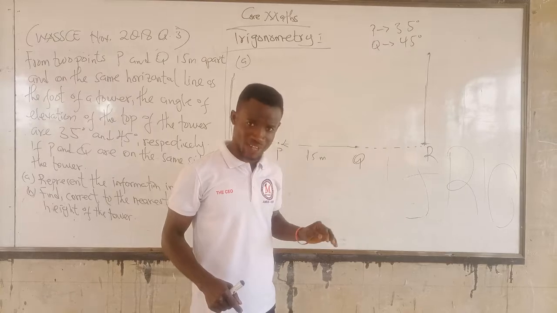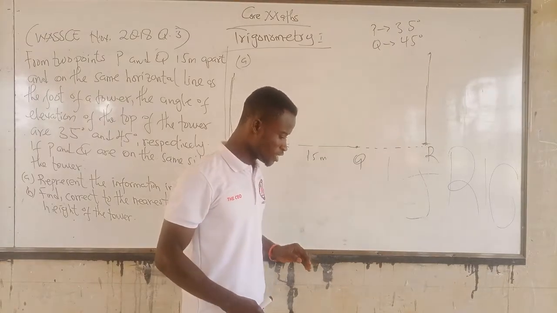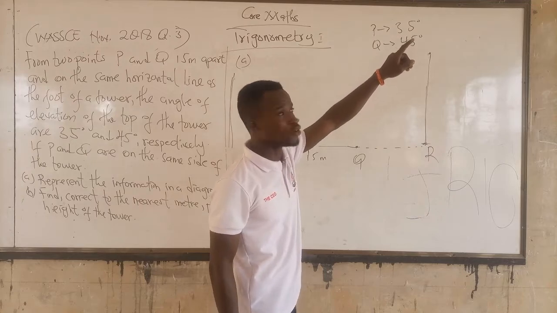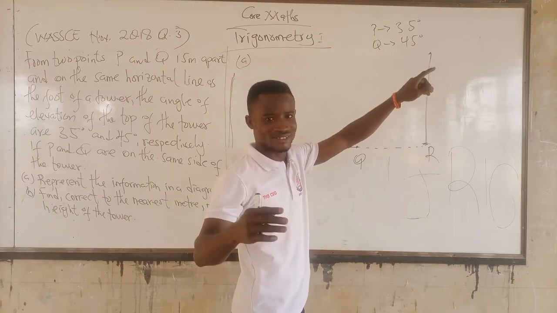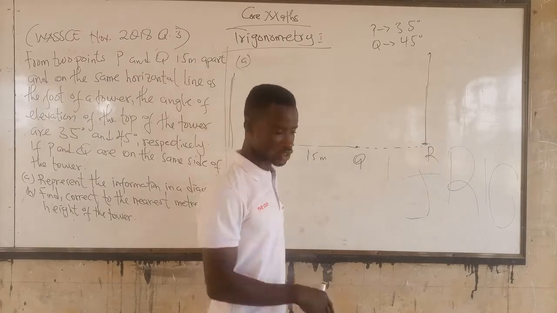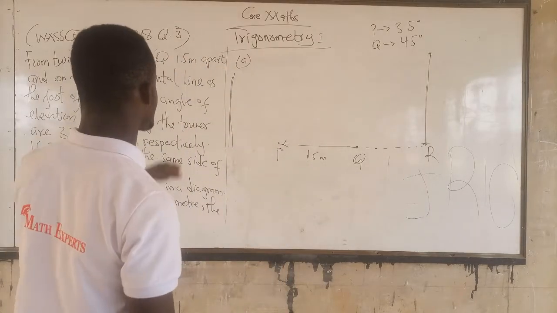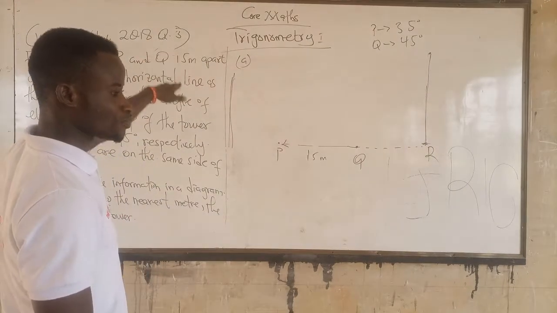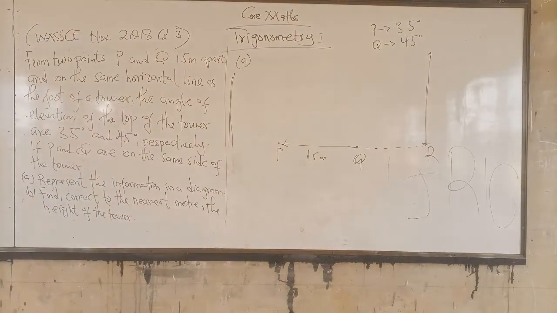Who is going to observe the larger angle? I think I should shift the video to this side so that you can see what I'm trying to show. Will you be able to see? Anyway.